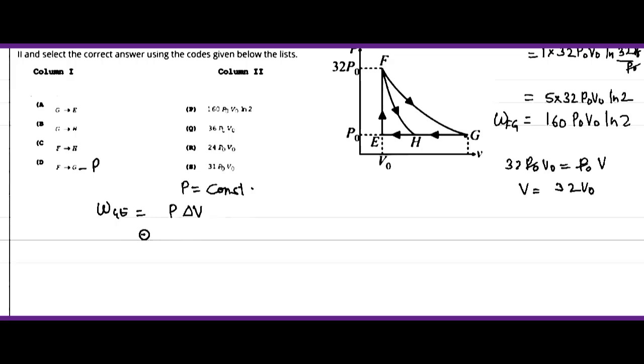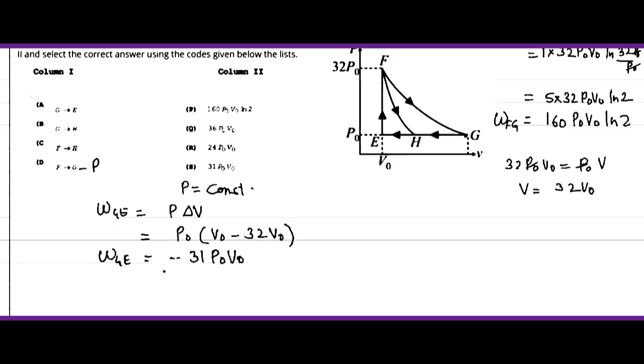So now we know the change in volume also. The pressure is P naught, the final volume is V naught, and the initial volume is 32 V naught, so the work done will be minus 31 P naught V naught. This is the work done in the process GE.